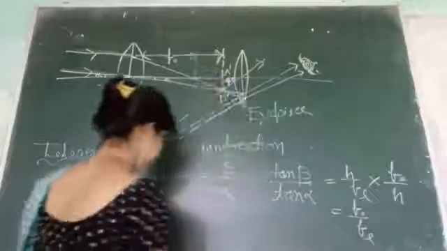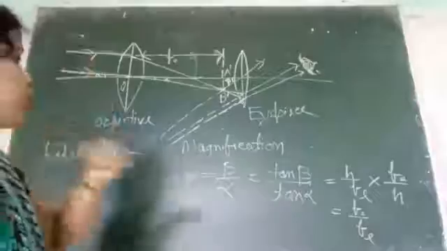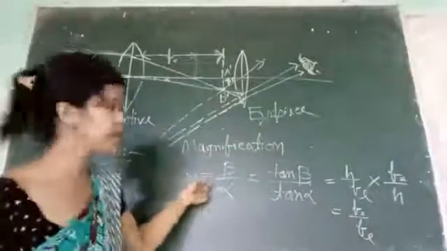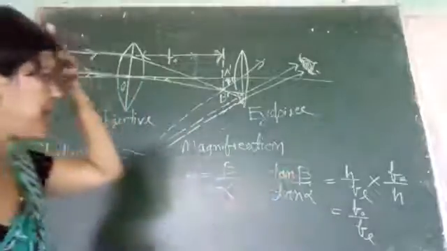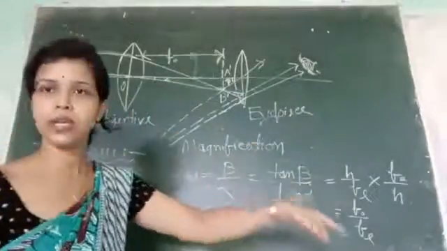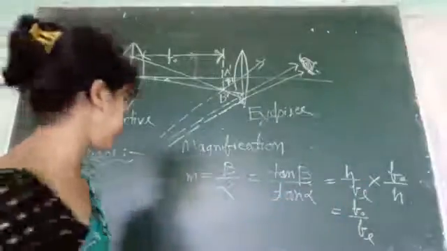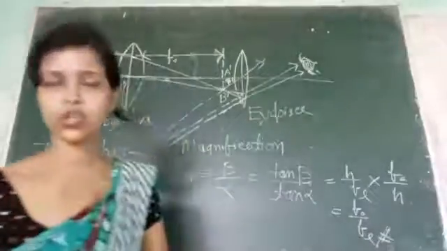In this way, in case of a telescope, the expression for the magnification we get is m equal to F naught by Fe, where F naught is the focal length of the objective lens and Fe is the focal length of the eyepiece. This is the required expression for magnification in case of a telescope.